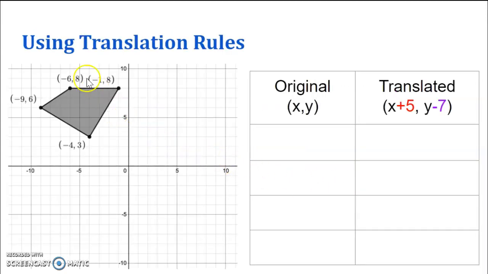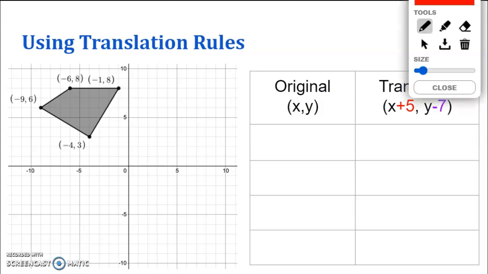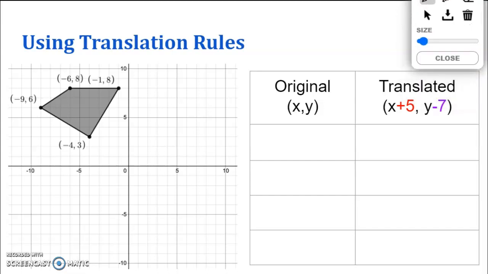All right, so let's try using the translation rule. What we can do is write the coordinates of each of the points, the corners of this polygon. Let's start with one corner. So we have (-9, 6).